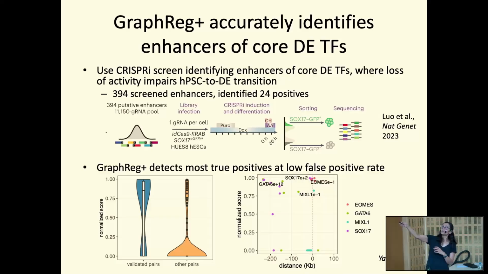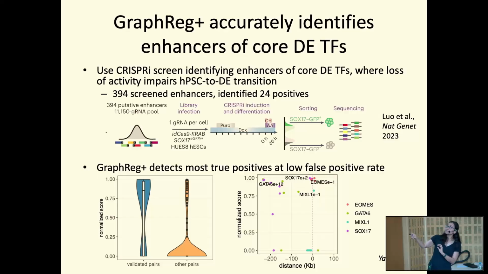You do differentiation from pluripotent stem cells to DE. And then you do a CRISPRi screen against candidate enhancers for important developmental genes. And if you succeed in turning off an important enhancer, it will cause a defect in differentiation, and that's what you can screen for, okay?